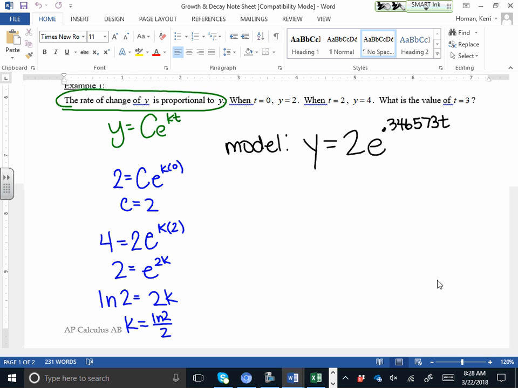If we're rounding to 3 decimal places later, you probably want to round to twice as many within your problem for that k value. So now what we need to do is figure out the value when t equals 3. So we get to plug in 3. y equals 2e to the 0.34657 times 3.